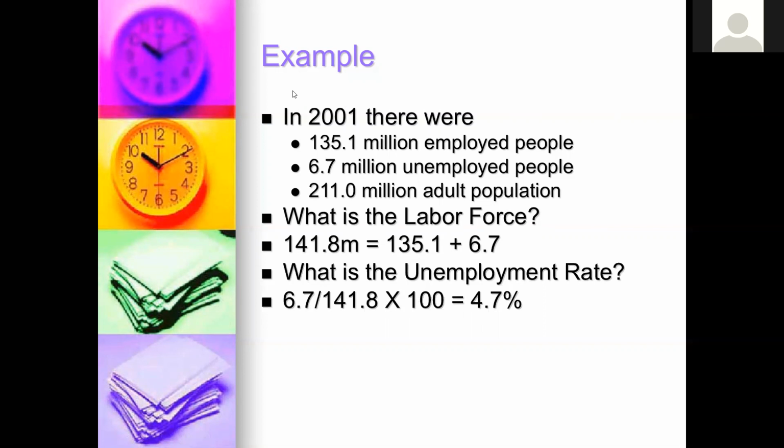The number of people unemployed divided by the labor force. And we got that from this problem right above. Unemployed divided by the labor force times 100 gives us 4.7%. That's not a terrible unemployment rate. Again, when we think that the national rate of unemployment is 6%, this is a pretty good unemployment rate by and large.